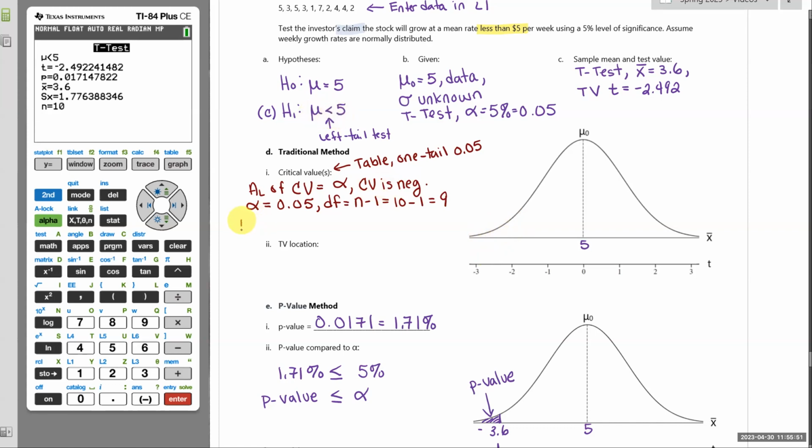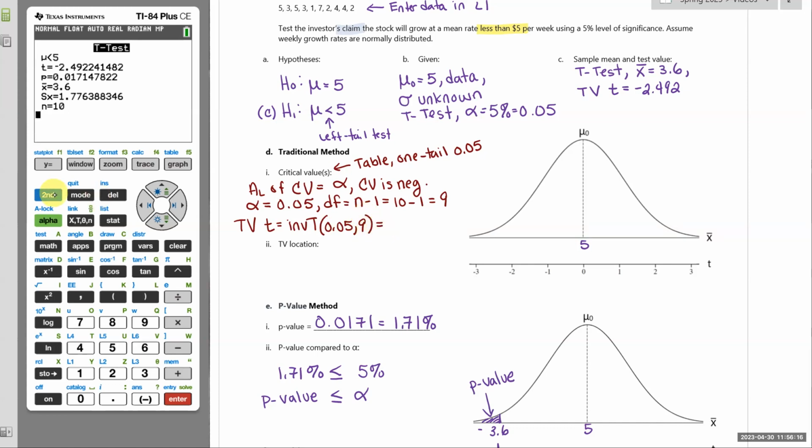If you have inverse t on your calculator and you do it correctly, it will give you the sign of your answer as well. So because it's area left in a left tail test, we just inverse t alpha, and we need to give the calculator the degrees of freedom.